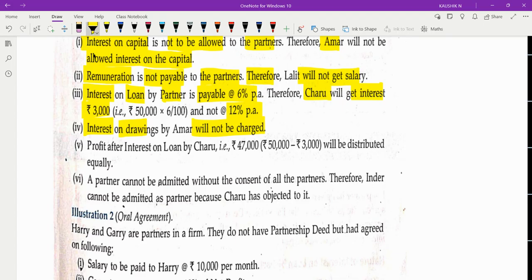Because we are given the reason well in advance, in the beginning of the answer itself, as a common note: since there is no partnership deed, the following items will be allowed as per the provisions of Indian Partnership Act. So that's the reason you are not insisting here.